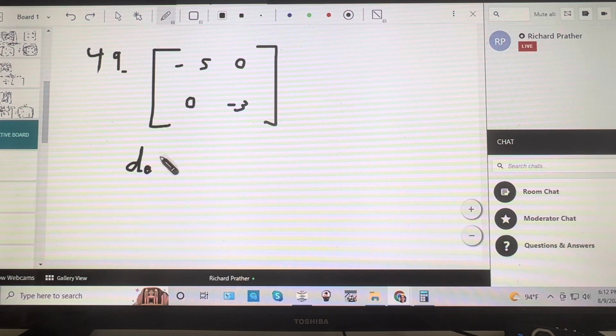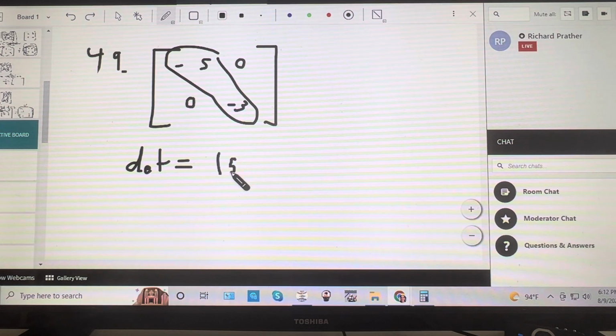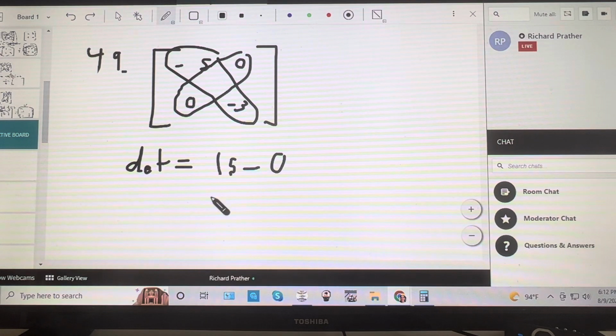So the determinant is -5 times -3 is 15, minus 0 times 0 is 0. That's not a double negative, although 0 is not really positive or negative, but that's just 15. So it's not 0, it's 15, so there is a determinant, there is an inverse, 1 over 15.